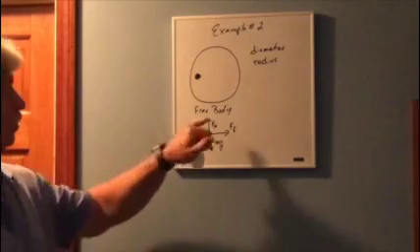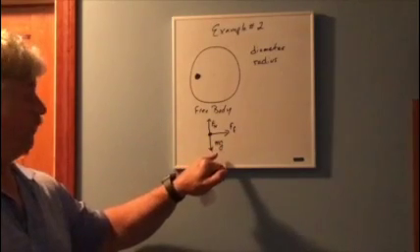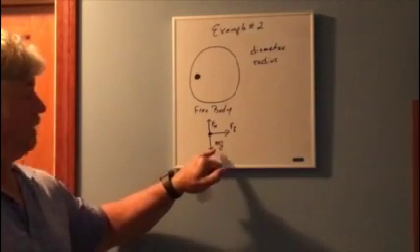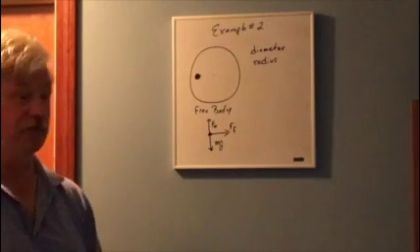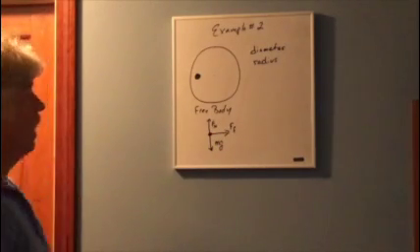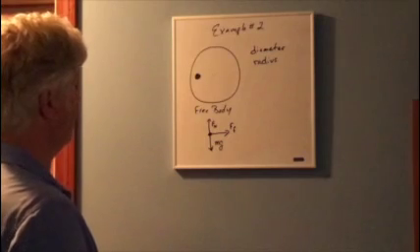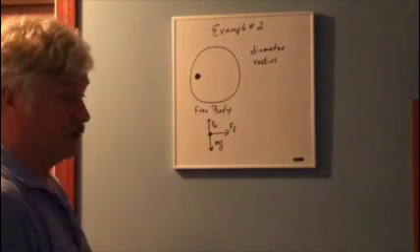So we have normal force, we have mass times gravity going down, and we have the force of friction, which is keeping it on the turntable. Now we've got a picture of it. Now we've got to try to solve this problem.